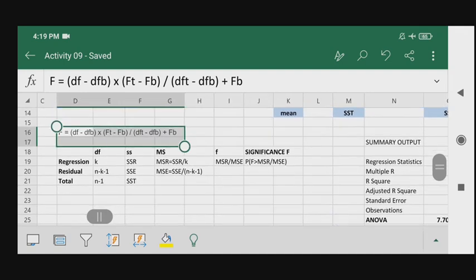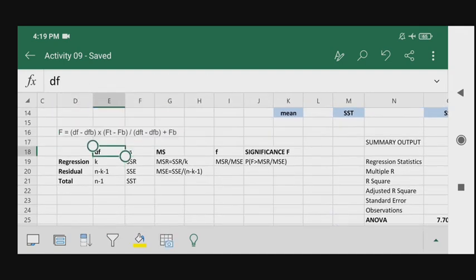So here is the df. You have here the regression, residual, and total. For df, we have regression, which is k, residual, n minus k minus 1, and the total is n minus 1. For SS, we have SSR for regression, SSE for residual, and total SST.